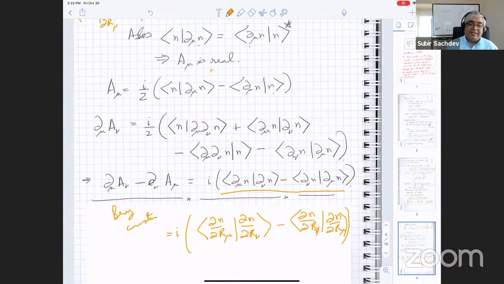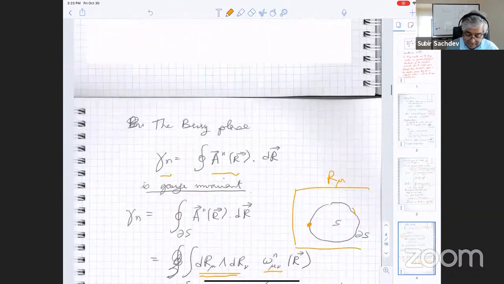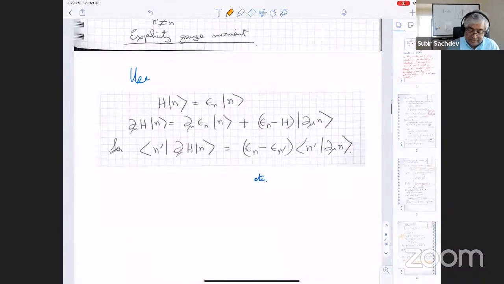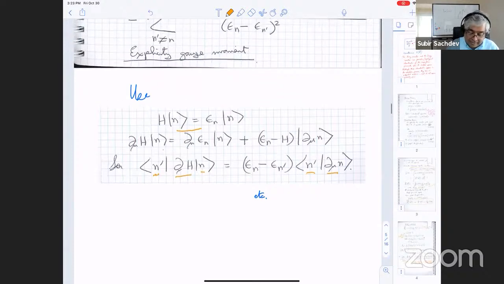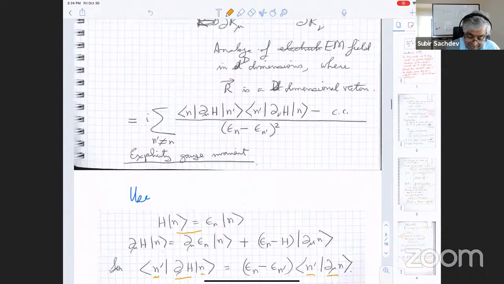And derivatives of the Hamiltonian are much nicer than derivatives of states, because the Hamiltonian is not arbitrary. So that's the trick you use. You take the defining equation for the states, take a derivative of the left and the right-hand side. And so then this relates n prime d mu n, the kind of thing that appears in the vector potential, to just a matrix element of the derivative of the Hamiltonian. Okay, so you do that kind of algebra. It's a bit tedious, but not difficult.